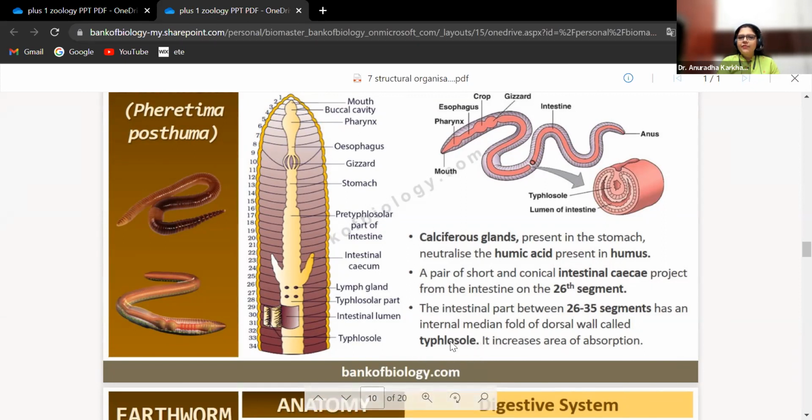So what exactly is typhlosole? The intestinal part between the 26th and 35th segment has an internal median fold of the dorsal wall, which is called typhlosole. The reason for typhlosole is to increase the absorption area. Okay, typhlosole is an important word in earthworm.